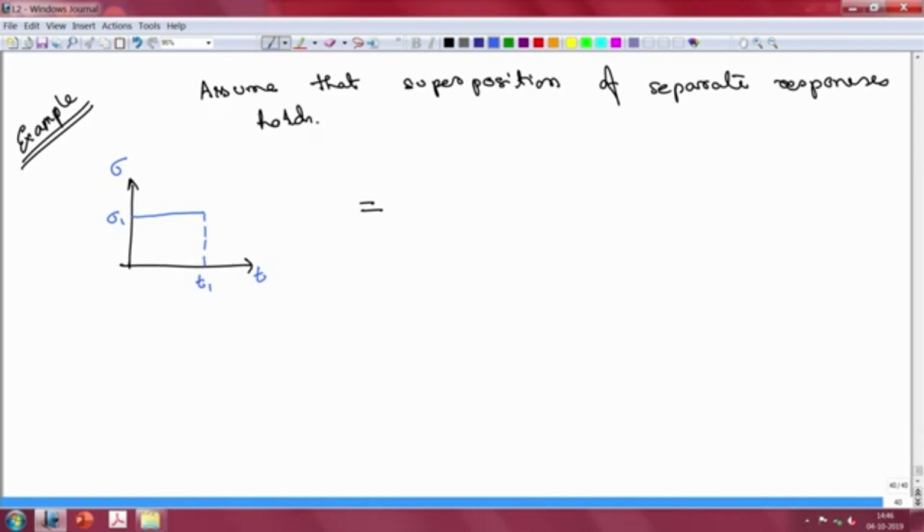Okay. And you have been asked to calculate what is the response to this. I have deliberately chosen an example that you might recollect. We already know the answer to this, but let us break up this problem. Let us say that you decided to break it up into two separate signals, one which is at sigma 1 and remains at sigma 1 forever. Okay.